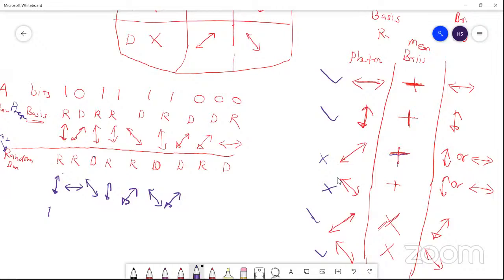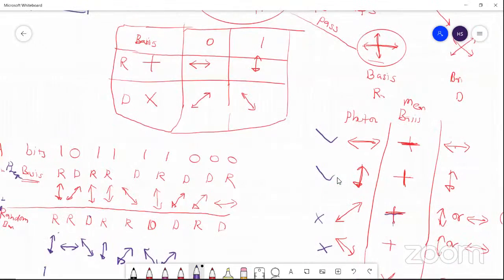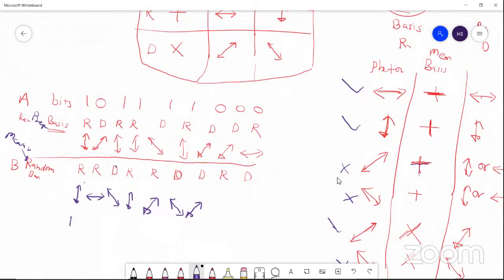Bases are mismatching here, so this basis is rectilinear and it was prepared in the diagonal basis. After this rectilinear basis, we can get either vertical or horizontal randomly. These bases are mismatching, so let's suppose we got vertical.